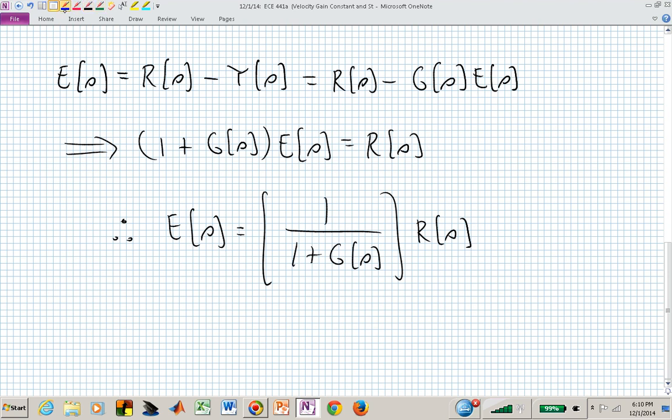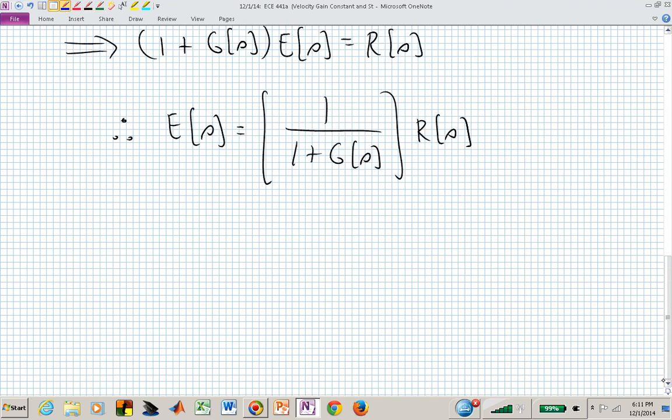What we want to do is examine this error in the time domain. This is the frequency domain expression for the error signal. We want to look at the time domain expression for the error as time goes to infinity, which infinity could just be 5 time constants, when the reference input signal R of t is actually a unit ramp. Because we know if G is a type 1 system, we have 0 error due to a constant input.